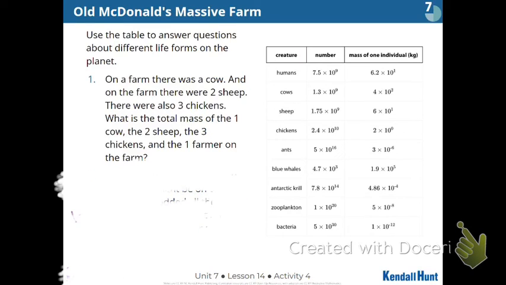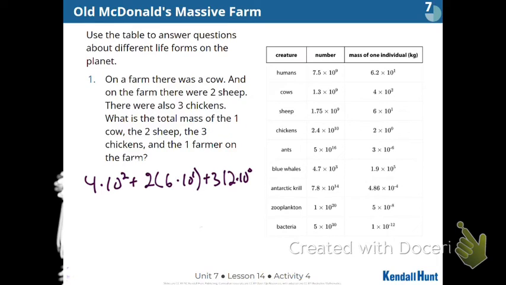So we have a cow, which is 4 times 10 squared. We have 2 sheep, which is 2 times 6 times 10 to the first. We have 3 chickens, which is 3 times 2 times 10 to the 0.